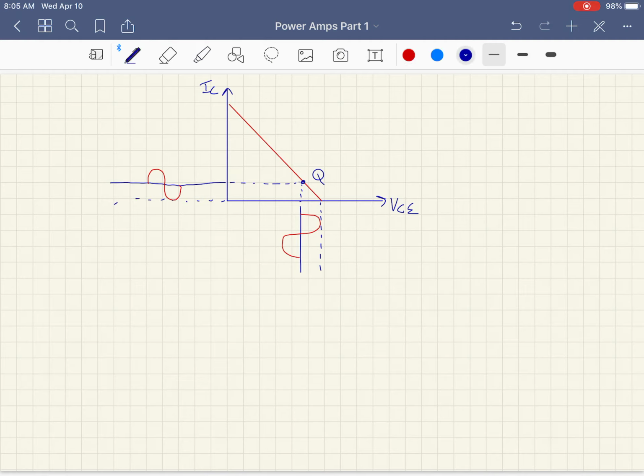So let's see, this is VCE cutoff. Okay, this is ICQ. This is 0. This is VCEQ. And again, this is an AC load line.